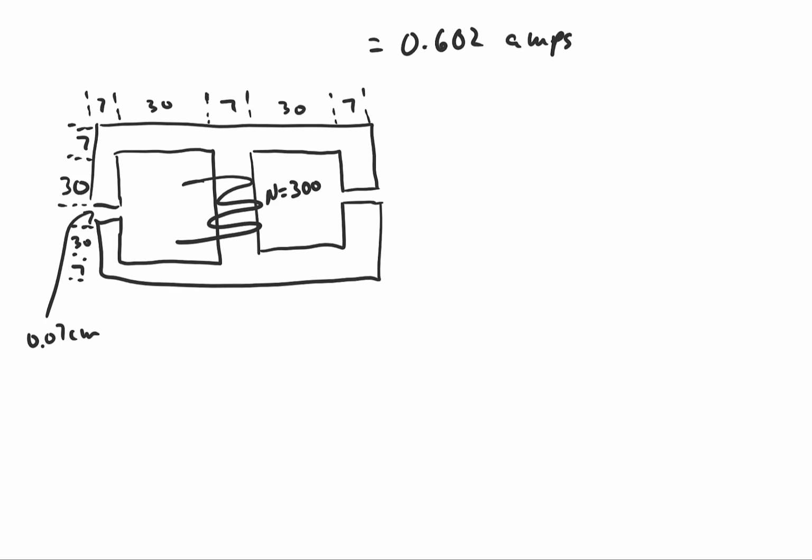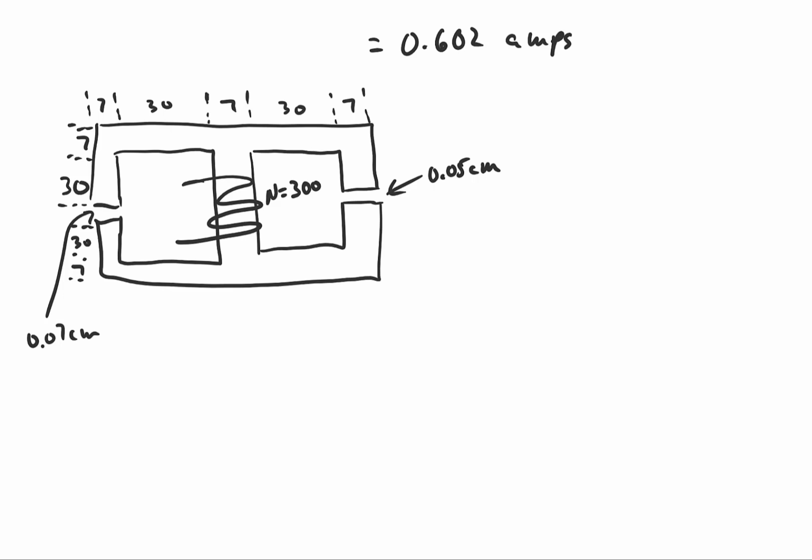Okay, so the shorter legs are 7, the longer legs are 30. Best seen here across the top, but we've got the same thing going on across here. This air gap is 0.07 centimeters, and we're going to make this air gap 0.05 centimeters.